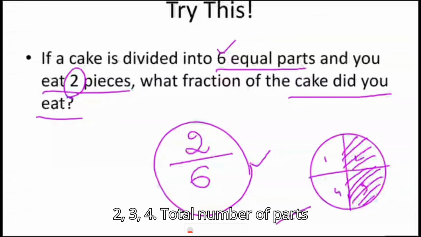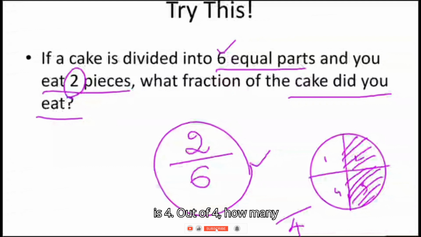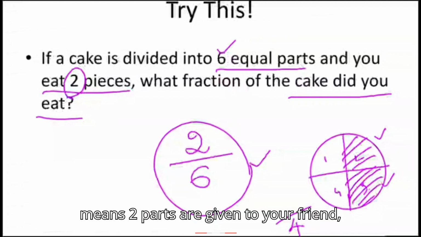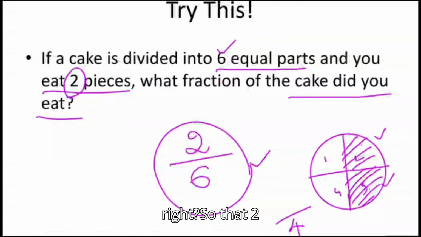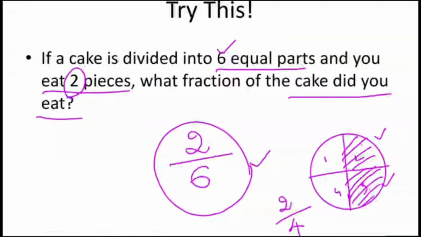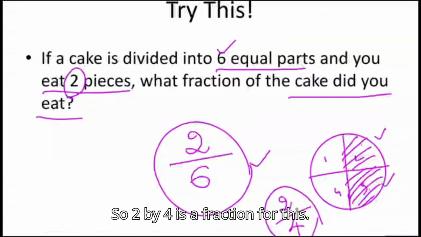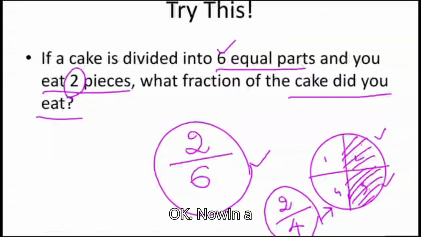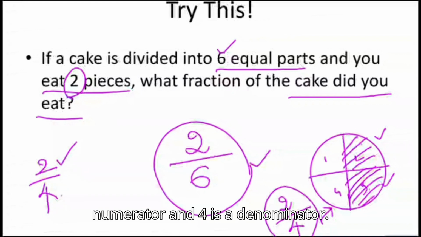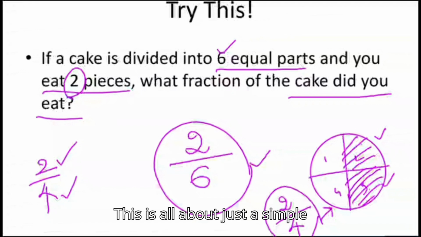Out of 4, 2 parts are given to your friend, right? So 2 should be written on top as the numerator. So 2 by 4 is the fraction for this. Now in the fraction 2 by 4, what is the numerator? Yes, 2 is the numerator and 4 is the denominator. This is all about a simple fraction.